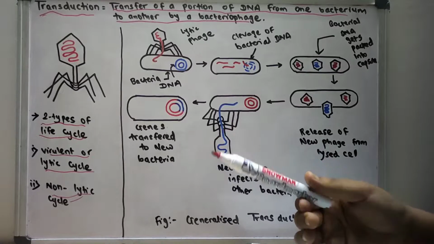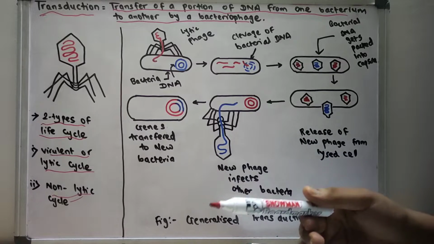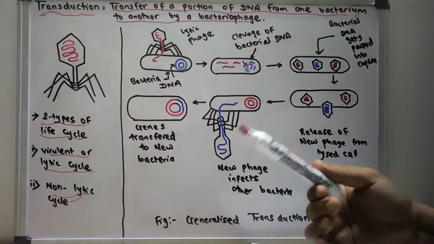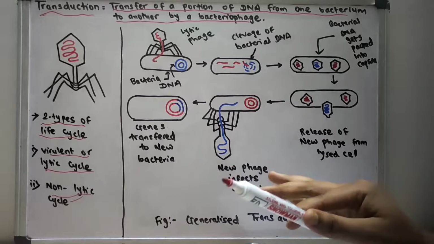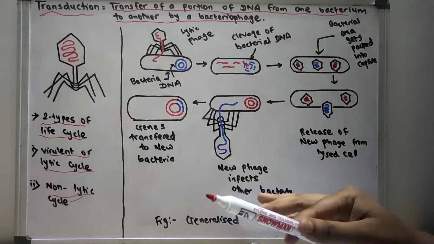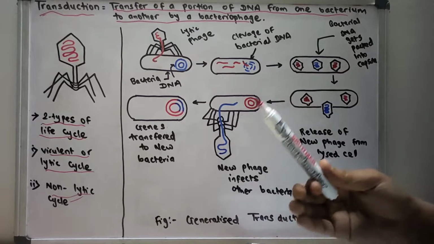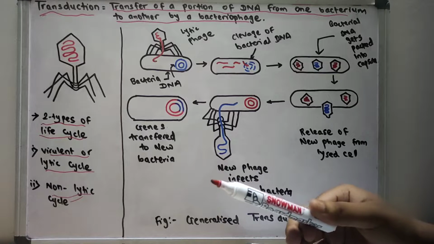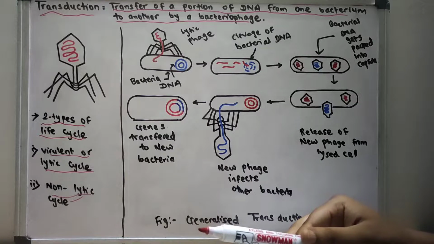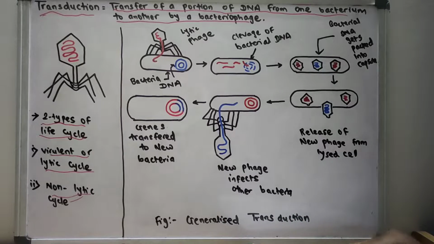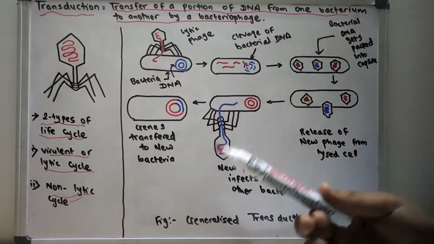This process, the non-lytic cycle, is also called lysogeny, and the bacteria harboring prophages are called lysogenic bacteria. In lysogenic bacteria, the prophage acts like an additional segment of the bacterial chromosome coding for a new characteristic, and this process by which the prophage DNA confers genetic information to the bacterium is called lysogenic or phage conversion.